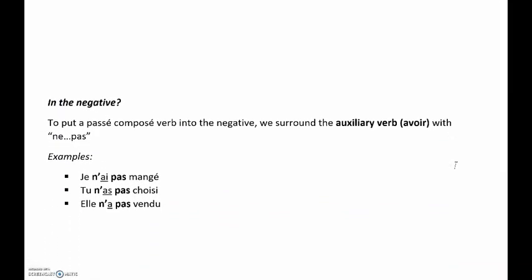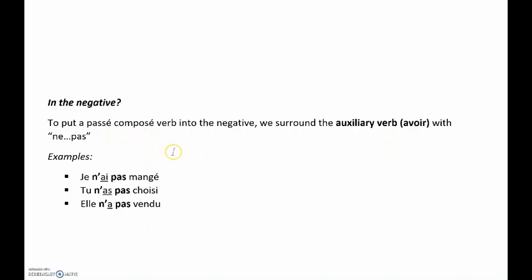Now, to change a sentence into the negative, we already know that we need to surround our verb with ne and pas. But when I'm changing a passé composé sentence into the negative, I surround the auxiliary verb with ne pas.